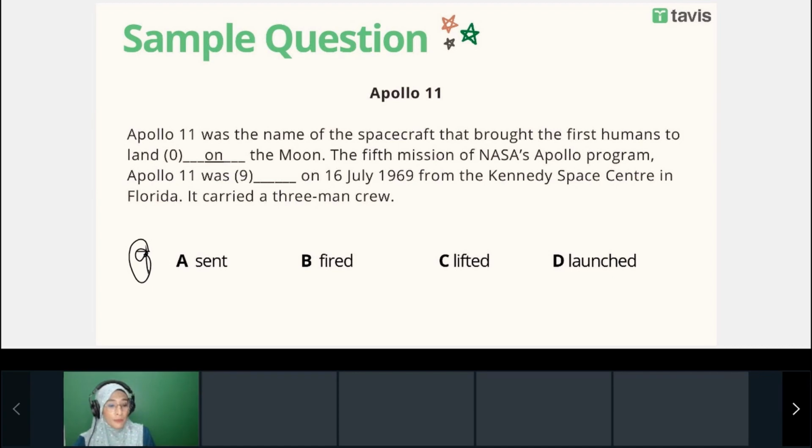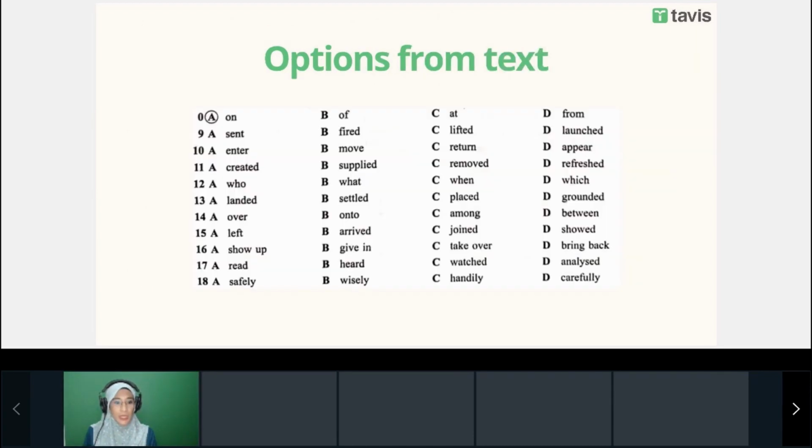So on the moon. Remember, let's say from the options we have, off the moon, oh no, it cannot be off the moon. Same thing, it cannot be at the moon because we don't know where at the moon.